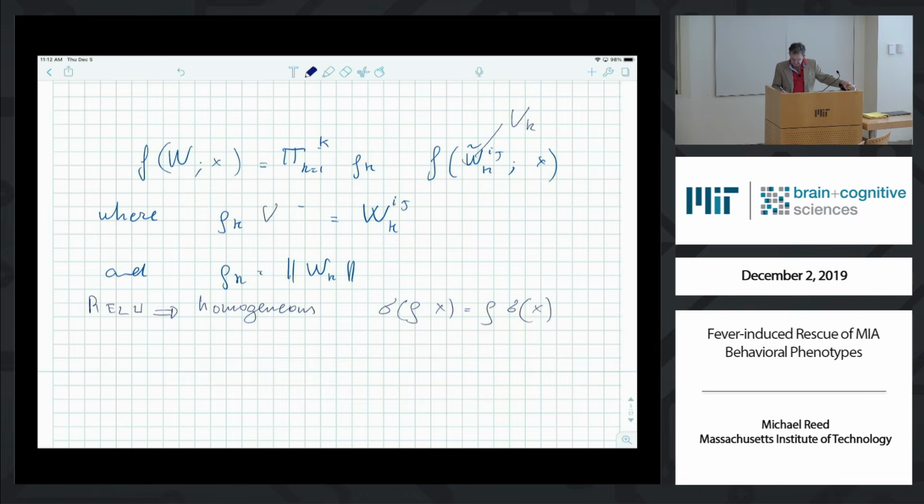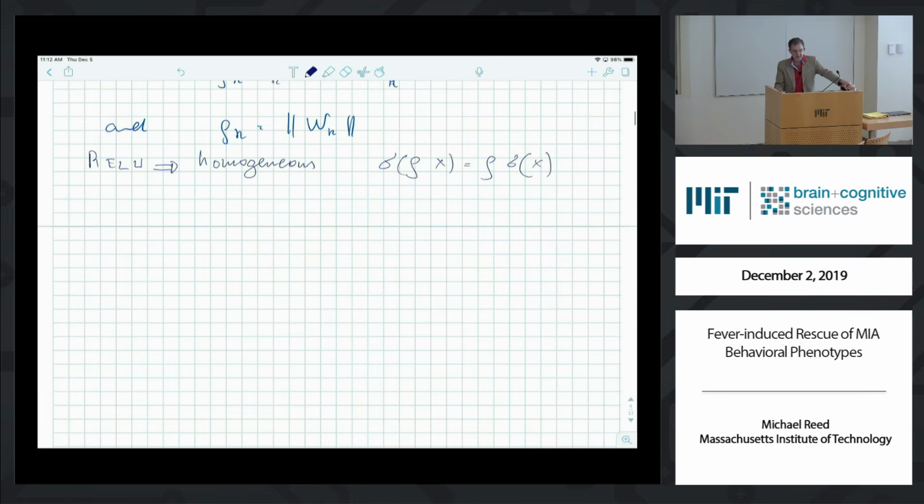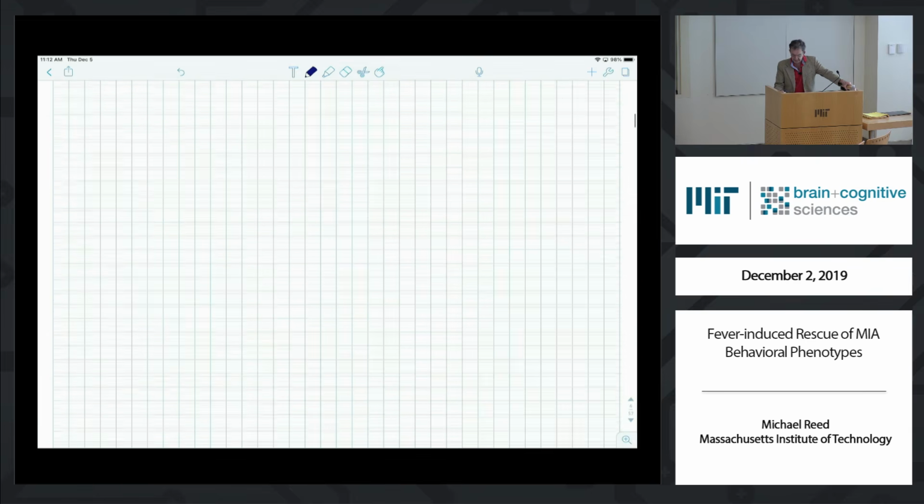I'll define the normalized weight matrix at layer k. This will be the old one divided by rho_k. Is all clear? Okay.